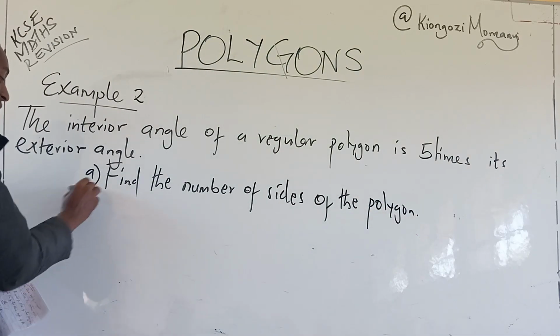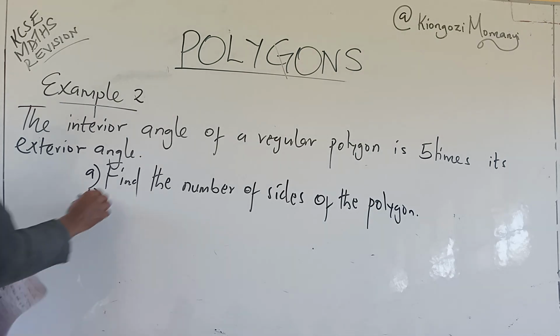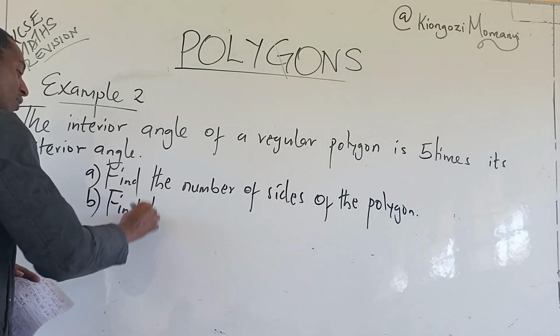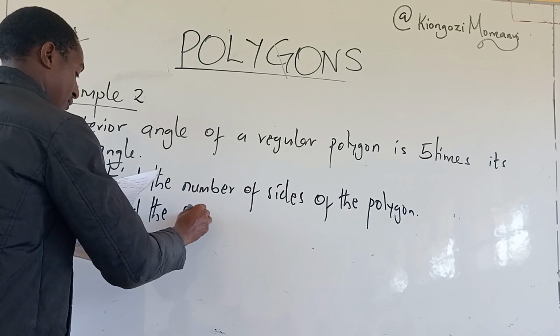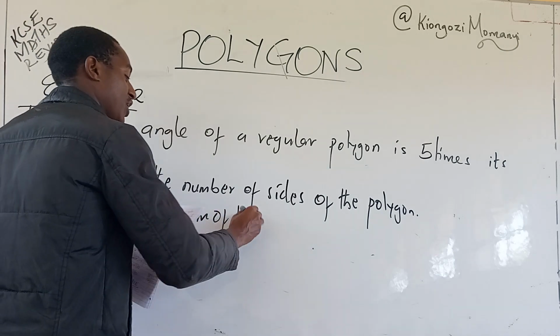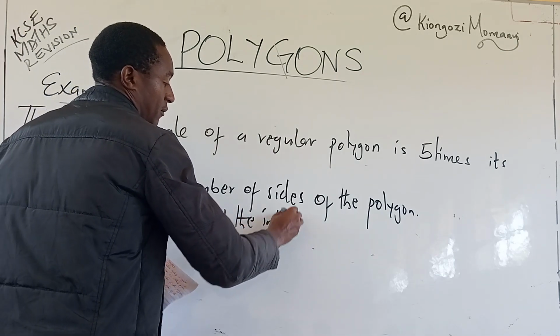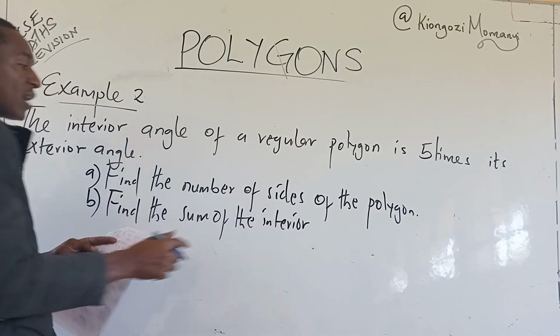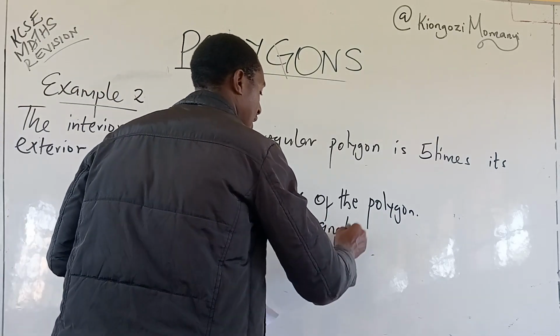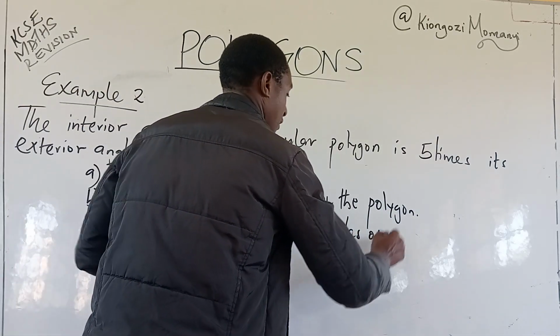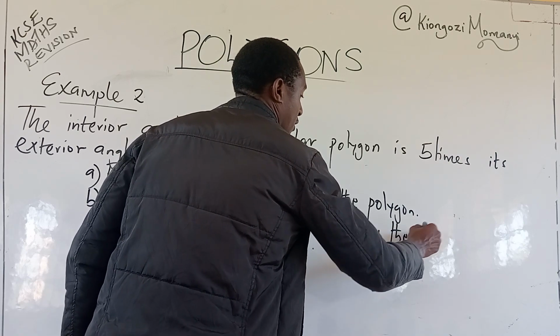Then B: find the sum of the interior angles of the polygon.